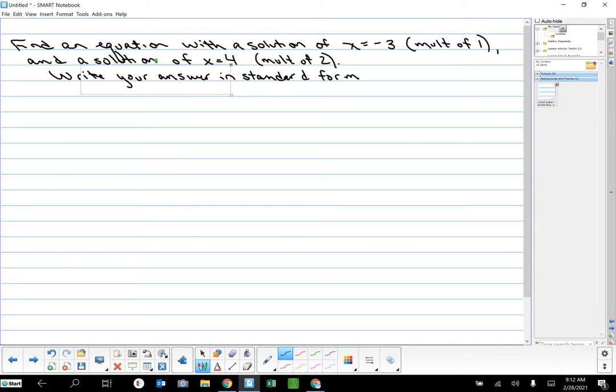And so what that means is you have to make sure that it says equals 0 at the end. Okay, so if we have something that says x equals -3, then you need to write it as a factor.